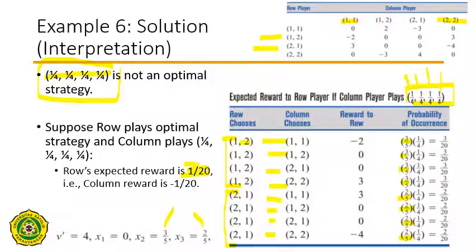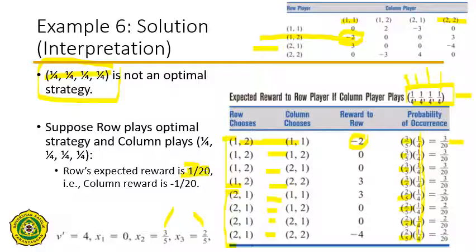For example, the row chooses 1, 2, the column chooses 1, 1, the reward is minus 2. So write down the reward here. And then this probability 1/4 for all of these, because again, remember, we are supposing that the column player plays this strategy, 1/4, 1/4, 1/4, and 1/4.